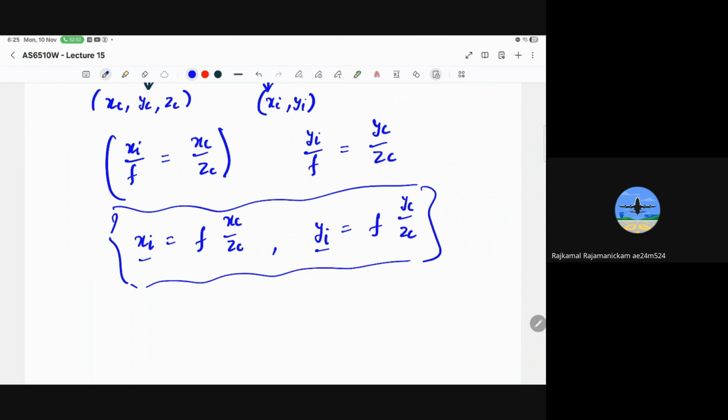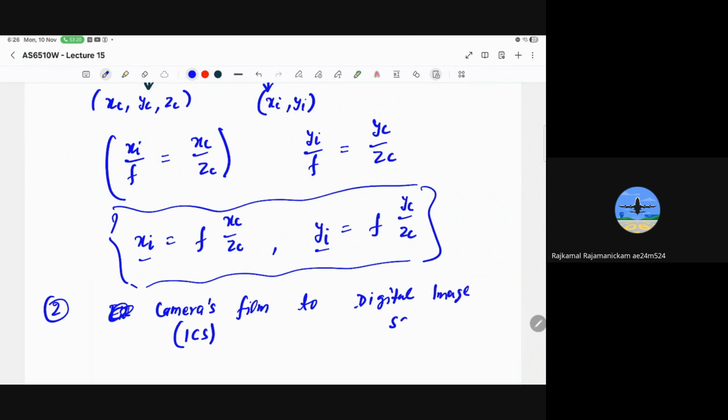Now the second transformation is from the film of the camera to the digital image. That is the second one. The film is represented by image coordinate system ICS, and the digital image is represented by the SCS in pixel coordinates, in pixels.